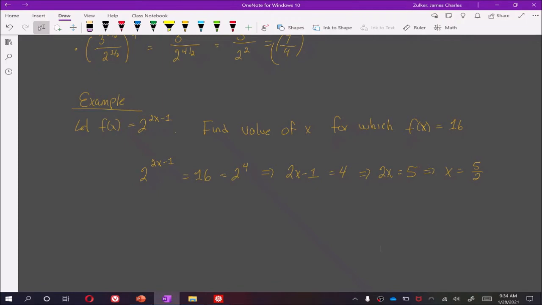And now we turn our attention to logarithmic functions.